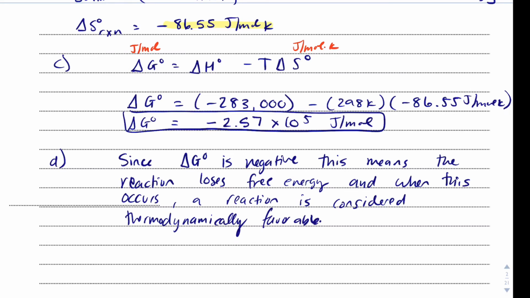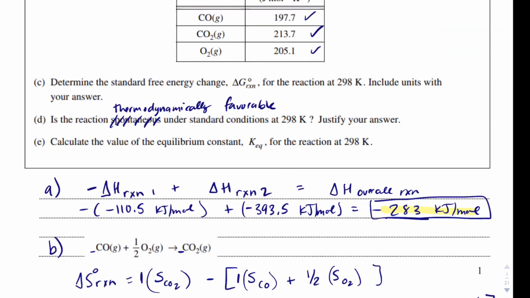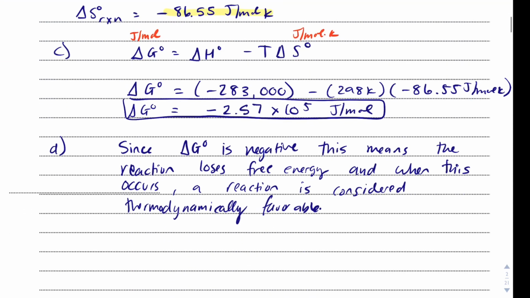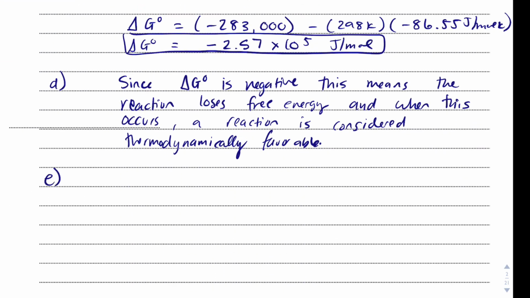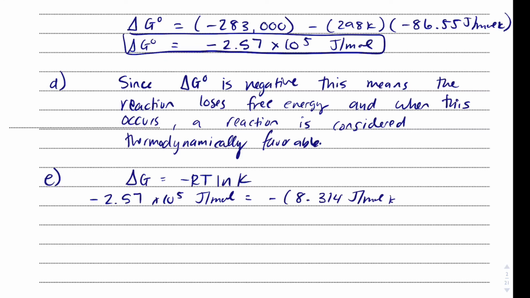Okay. Now, in E, they say calculate the value of the equilibrium constant KEQ for this reaction. So another equation that should come up, and I know this unit has a lot of equations, but delta G equals minus RT ln of K. Some people call this rattling. We know that delta G is minus 2.57 times 10 to the 5th joules per mole. You should know at this point that R is going to be 8.314 joules per mole Kelvin.